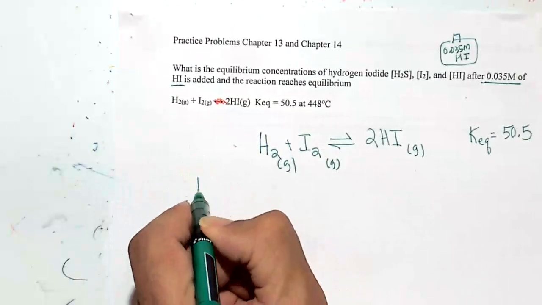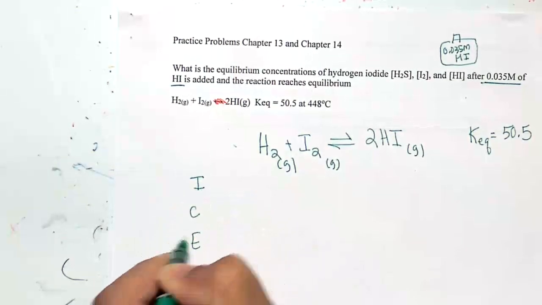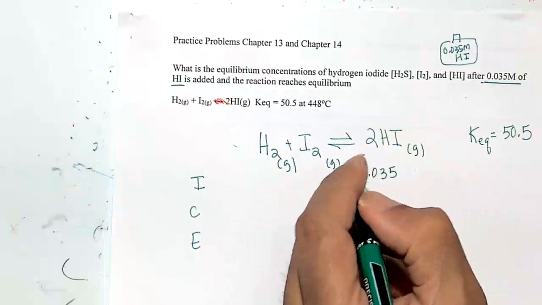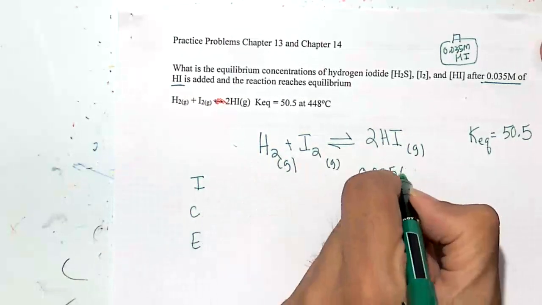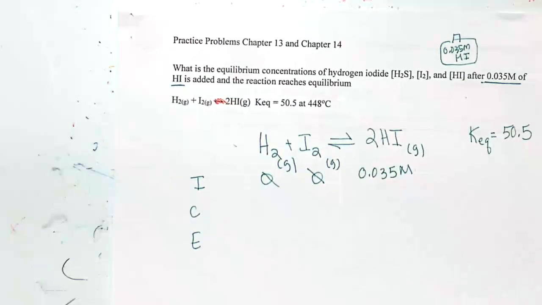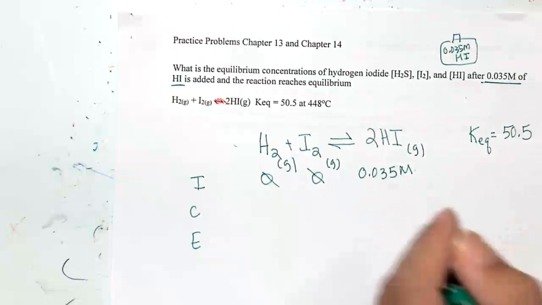So initially in this problem, you have 0.035 molar, and you'll have 0 and 0 of these two gases. Some of it is going to go this way because it's an equilibrium and the reactions can go either this way or the other way.